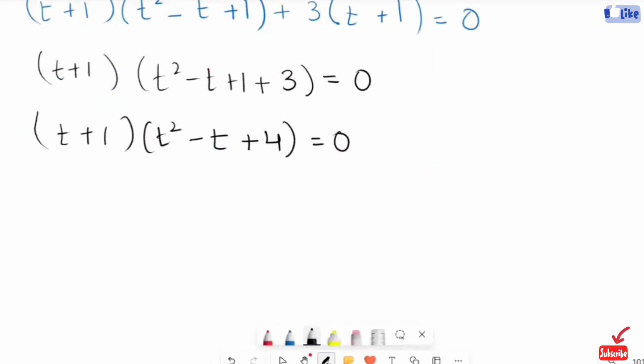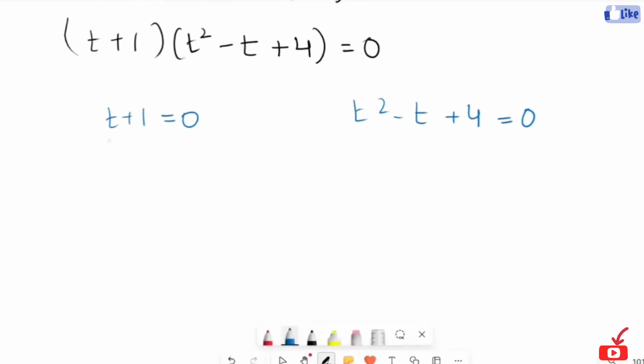We have two cases: t + 1 = 0 and t² − t + 4 = 0. In the first case we will get t = −1, as this goes to the right-hand side.